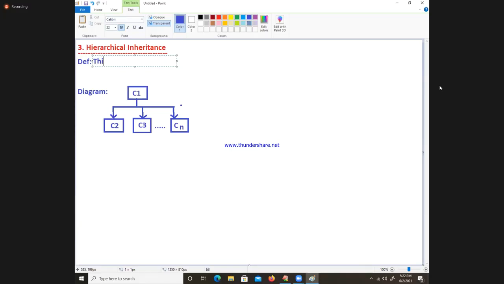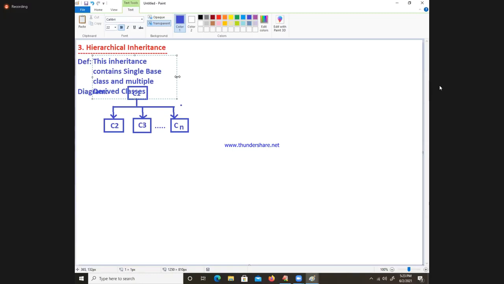So this inheritance contains a single base class and multiple derived classes.